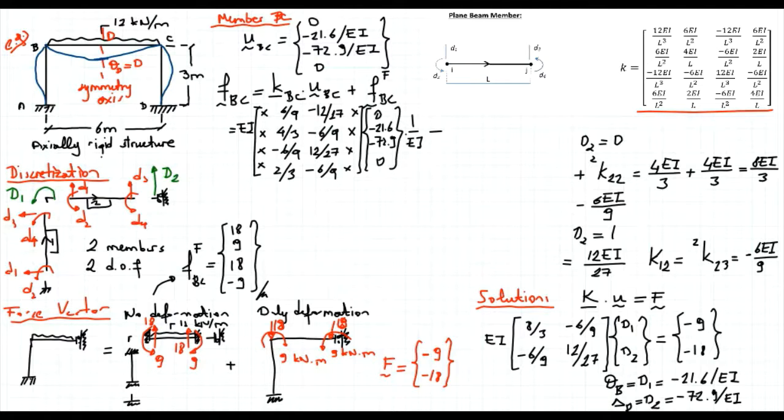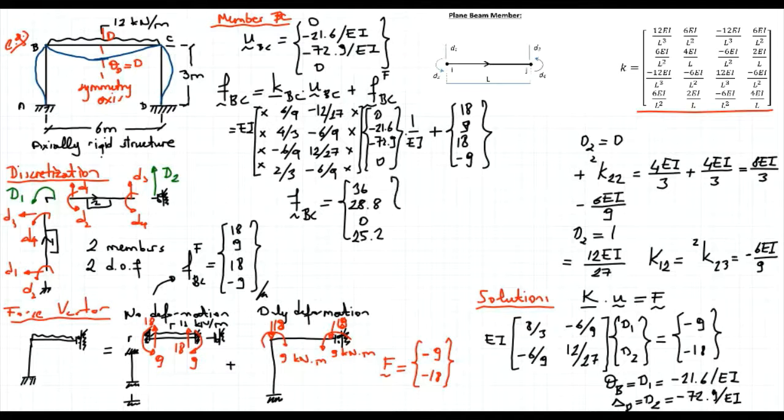Plus the fixed end force vector, which is equal to 18, 9, 9, 18, and minus 9. And when you do that calculation, we obtain the member end forces for member BC as equal to 36, 28.80, and 25.2. And if we draw the free body diagram, this is member BC, with a uniformly distributed load on it.